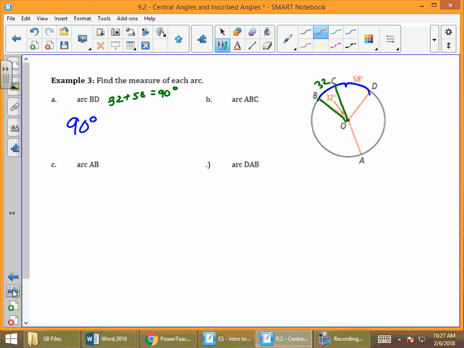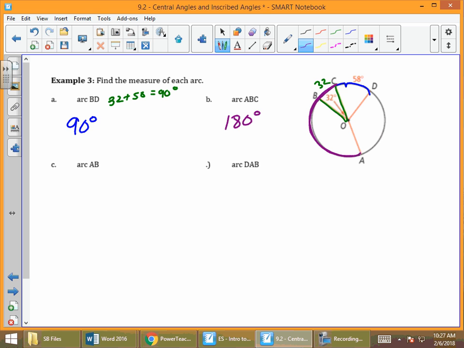We take a look at B. It's asking for arc ABC. This purple arc right here, ABC. Well, what kind of arc is that purple arc? That's a semicircle. It's half a circle. What do we know about semicircles? What do they always equal? 180.